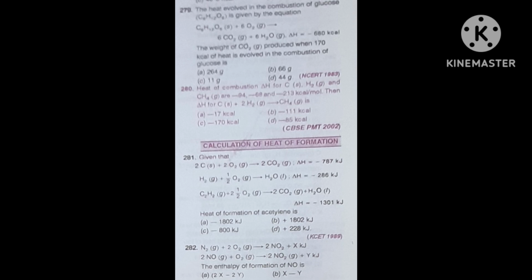Again I am repeating the question: the heats of combustion of carbon, hydrogen and methane are minus 94, minus 68 and minus 213 kilocalorie per mole. Then ΔH for carbon (solid) plus 2H2 (gas) giving CH4 gas will be what?